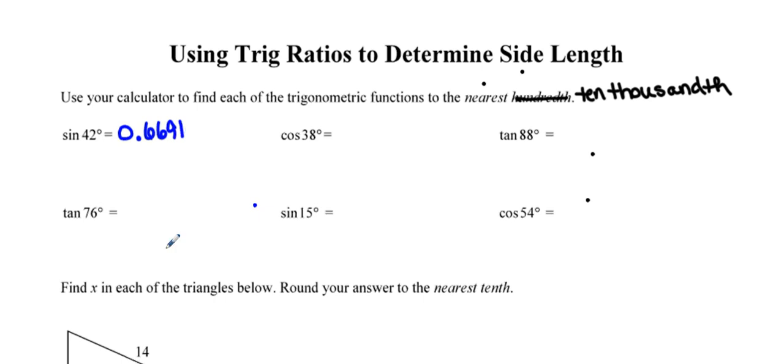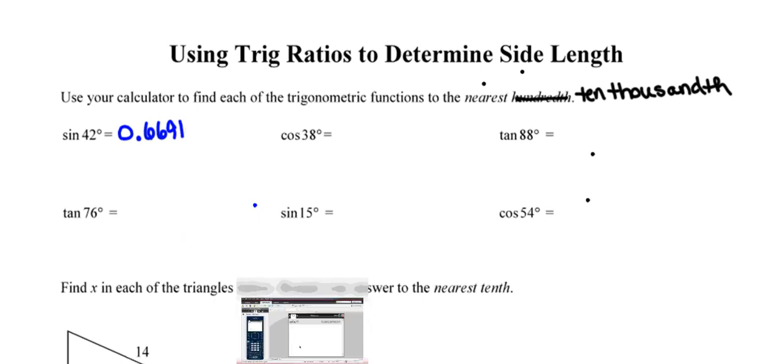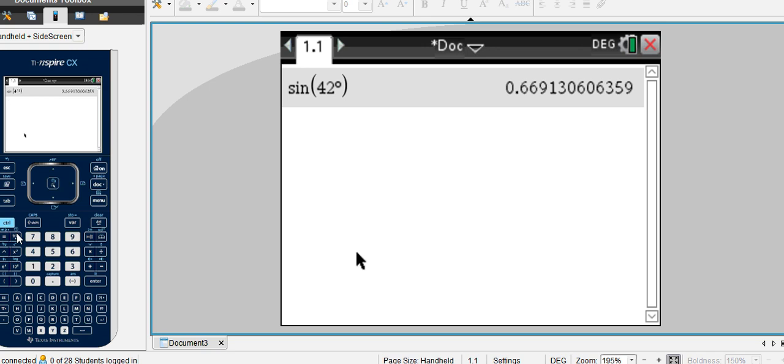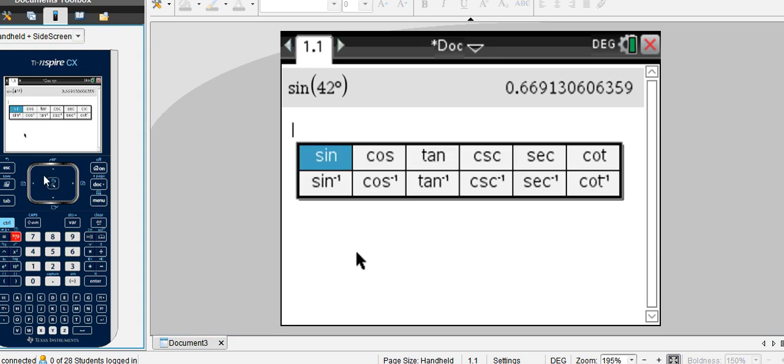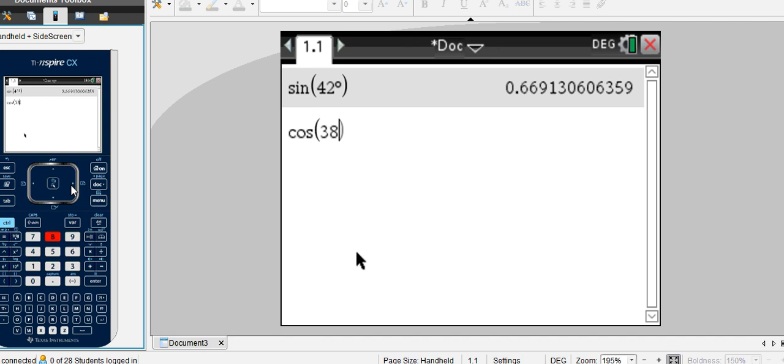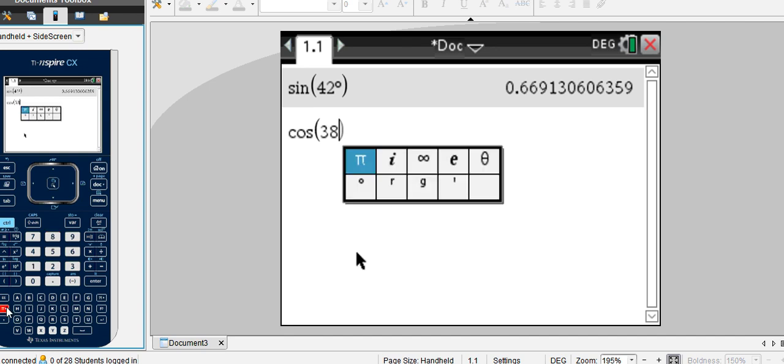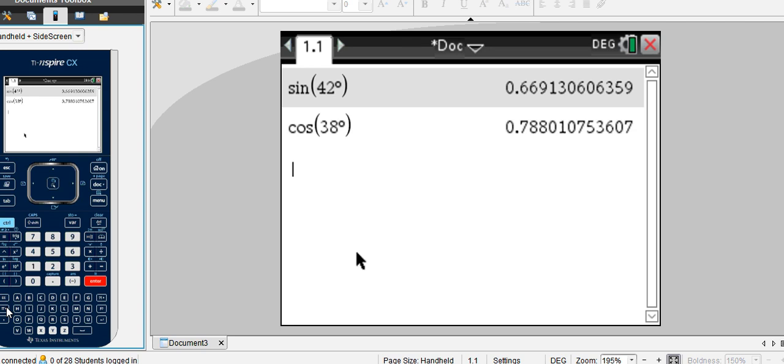And I can go ahead and do that for each and every one of the trig ratios. Cosine of 38 degrees, again, I'm going to hit the trig button. This time I want cosine of 38, and I can find the degree button right there next to pi. So 0.7880.